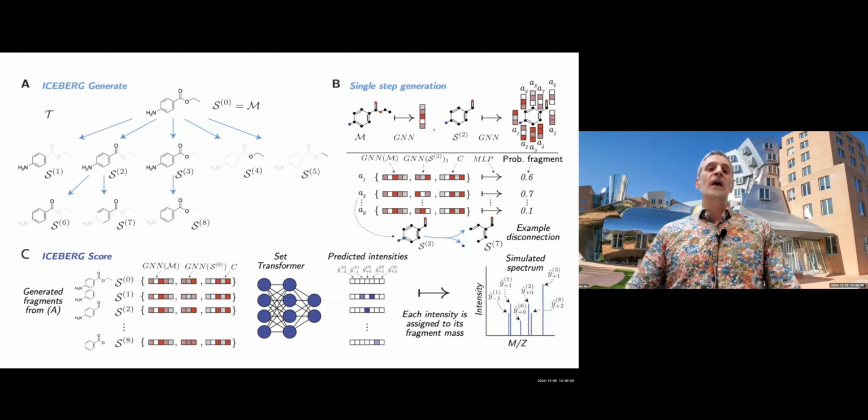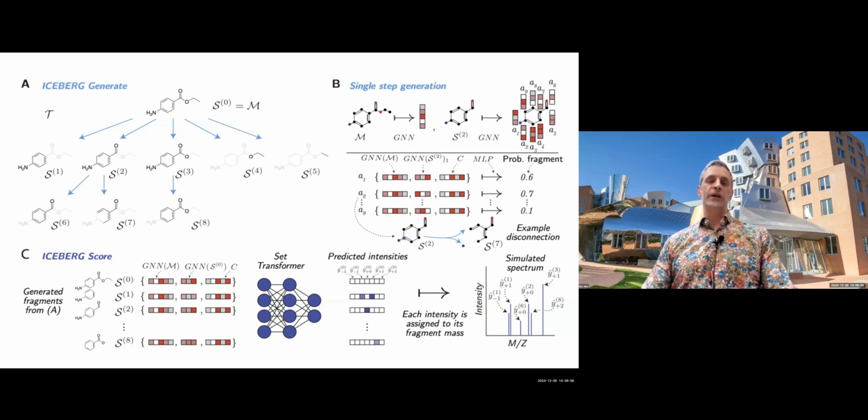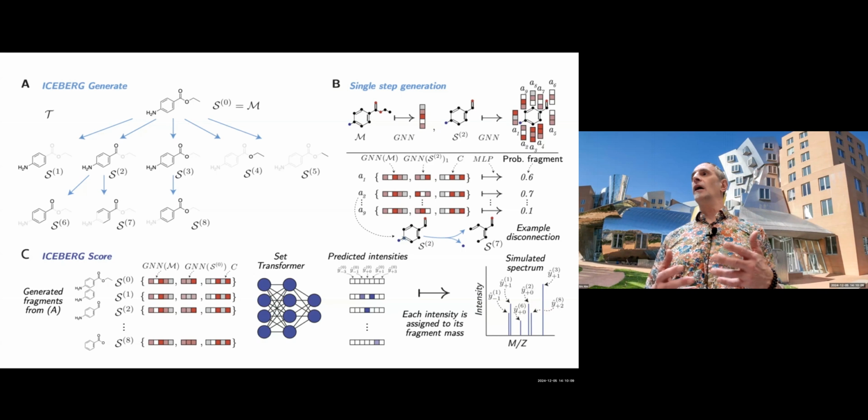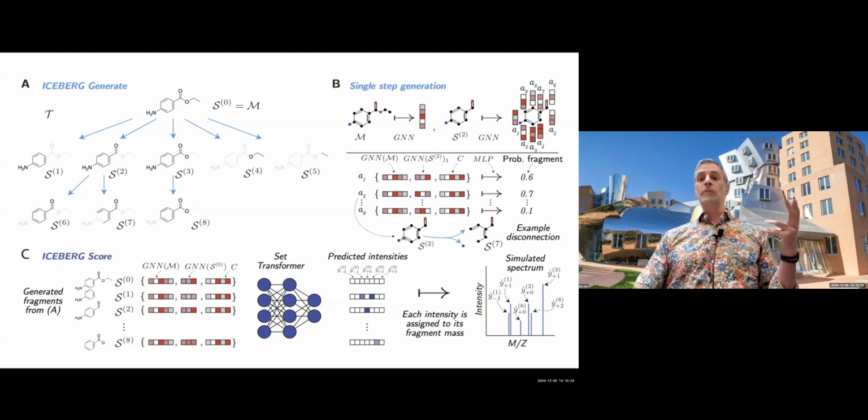So essentially how the algorithm works is, we start with a parent molecule. And we might pick this because we see a particular M over Z ratio. Maybe there's 3 or 4 different molecules in our database that correspond to that M over Z. And so what we want to do is figure out, even if we don't have the spectrum in our database to compare to, could we predict what the spectrum looks like?